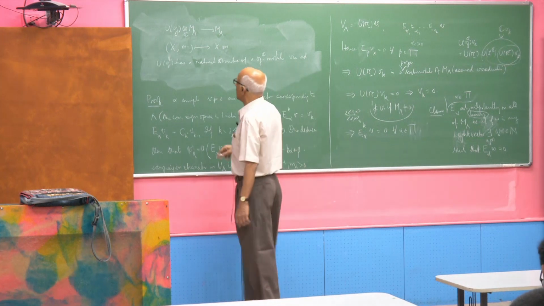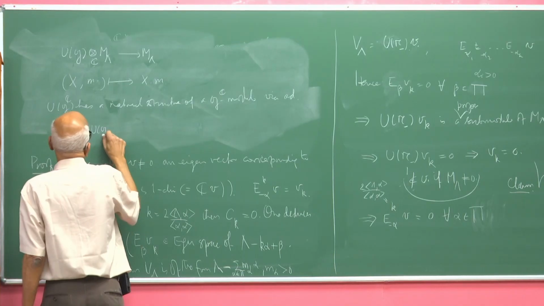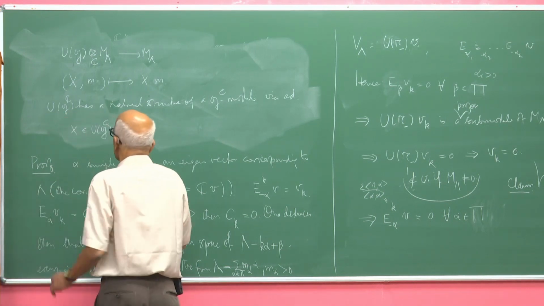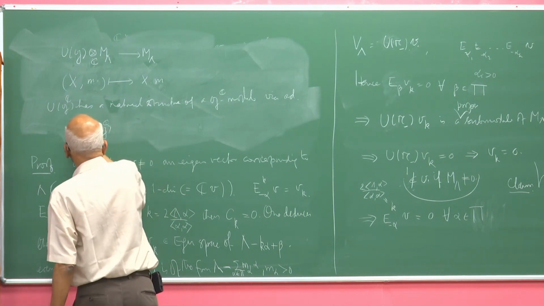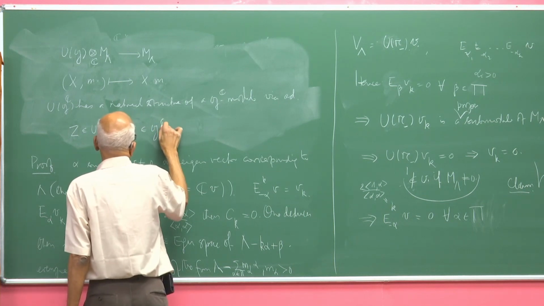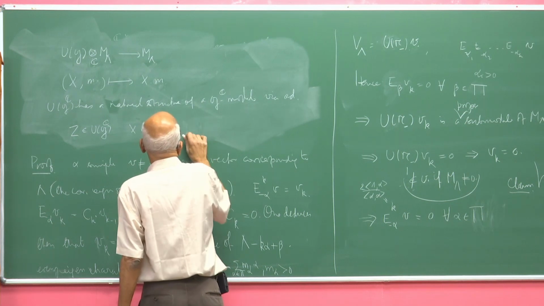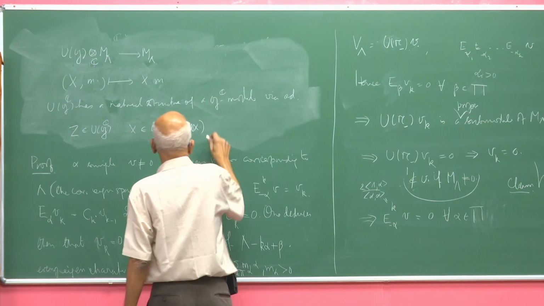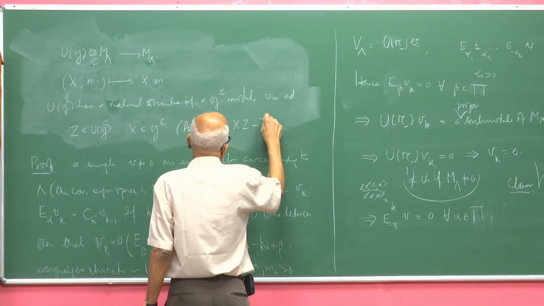That is, you look at any element z in UG and take any x in G, then define, I will call it ad x on z, by definition xz minus zx.